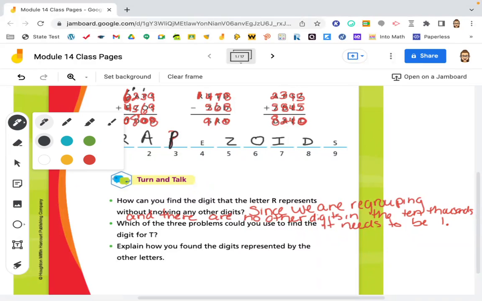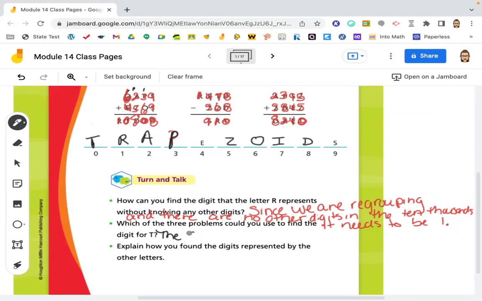Which of the 3 problems could you use to find the digit for T? Well, I use the subtraction problem. Oh, actually, I used the subtraction problem.